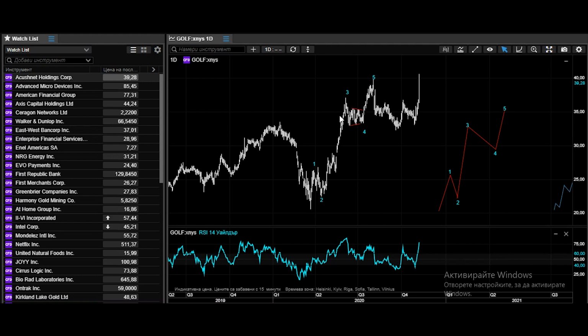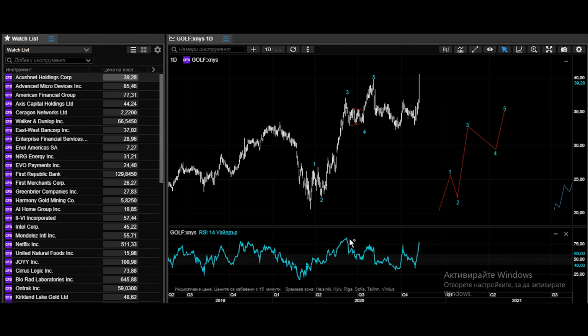As we can see, when the rise for the third wave makes new highs, RSI is also making a new peak. This is followed by a correction for the fourth wave and a new peak at the end of the fifth wave, where the indicator cannot make a new peak.